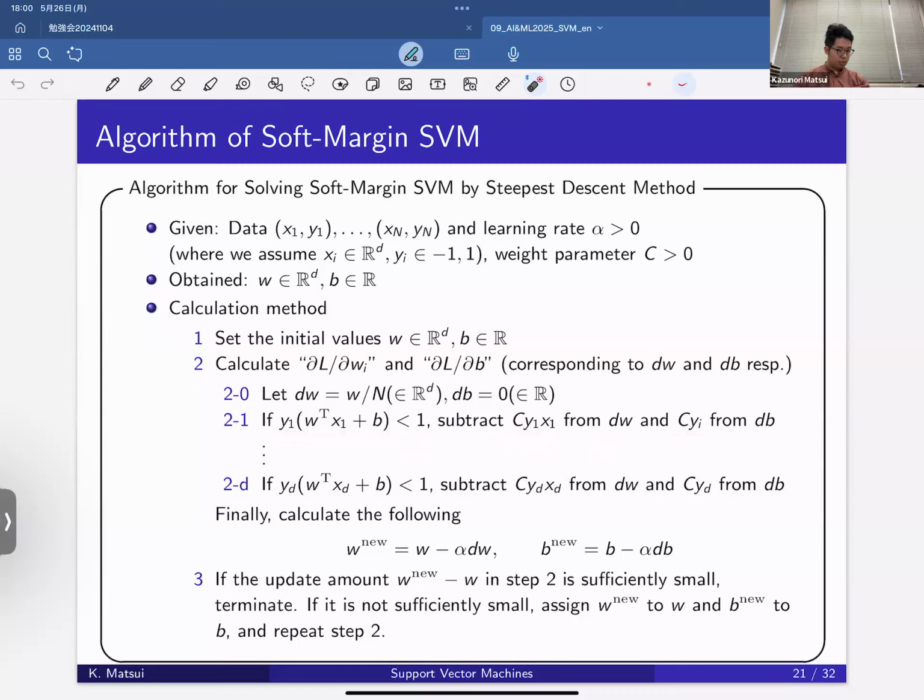By doing this subtraction only when this condition is satisfied, we can calculate the partial derivative. Once we can calculate the partial derivative, we follow the rule of the steepest descent method and multiply the partial derivative by alpha and subtract. This algorithm repeats until the update amount becomes sufficiently small.